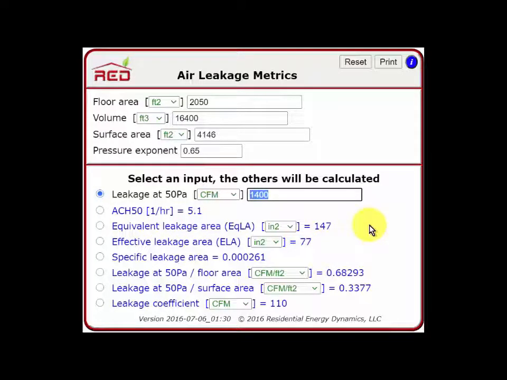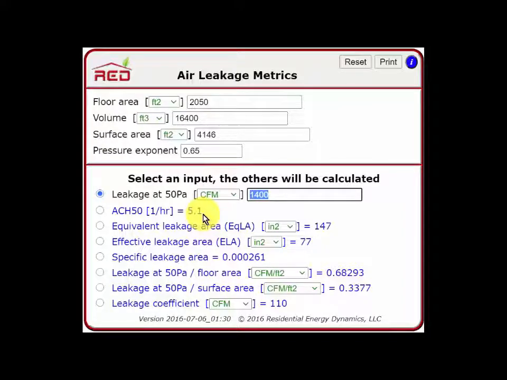Some of you, especially if you are constructing new homes, you might be very familiar with the I codes, the International Energy Conservation Code specifically. The most recent years of that code for southern climates require an ACH50 of 5 or less. For this house, a 1400 is just a little bit looser than that, so it would not qualify.